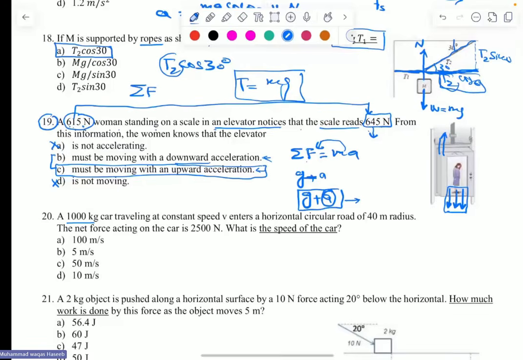When you go up in an elevator, you sometimes feel dizzy, which is the apparent increase in your weight. Okay.